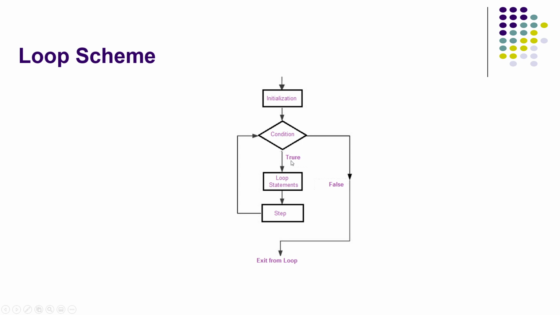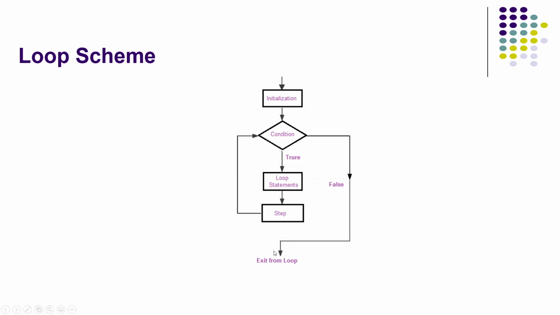So a condition could be true or a condition could be false. We know that from the if statements class. The condition could be met, or not. So in this case we have true or false. You can see this is a false. What's going to happen when the condition is false?